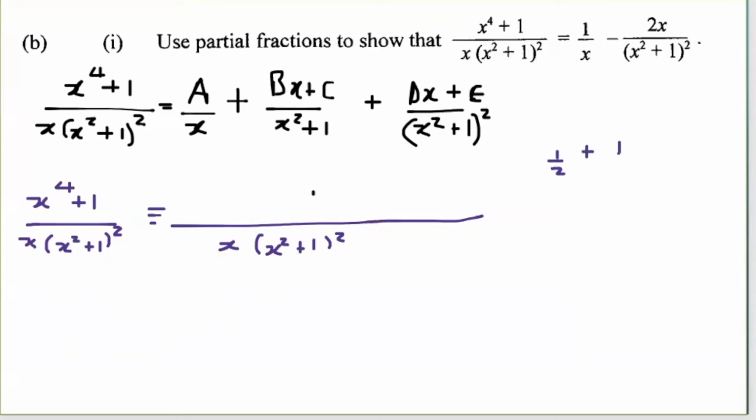Say for example, I have a half plus 1/3 plus 1 over 9. We know the LCM for this lowest common multiple is 18. And if you realize, we didn't say 2 times 3 times 9, right? So the same case here. This would not be included in the LCM, but the x times the x squared plus 1 all square.